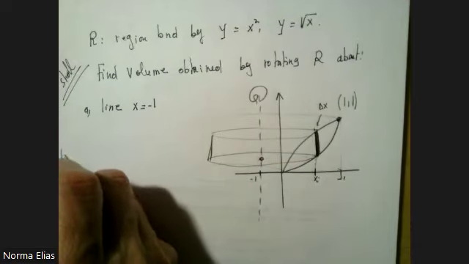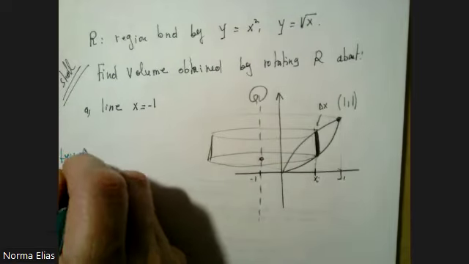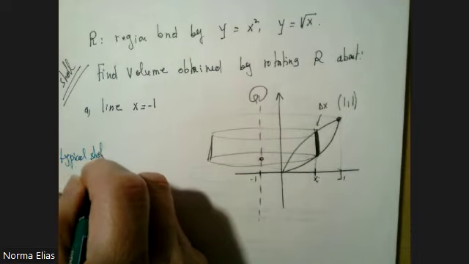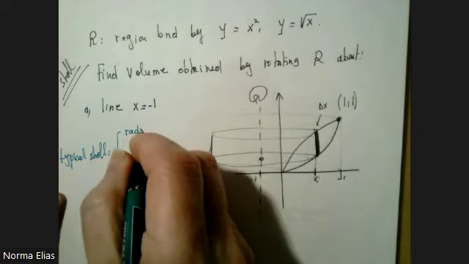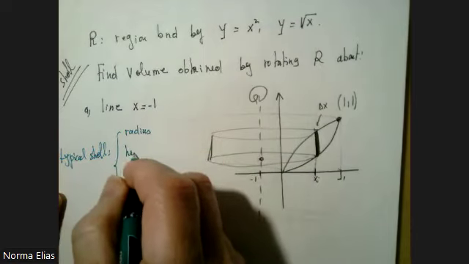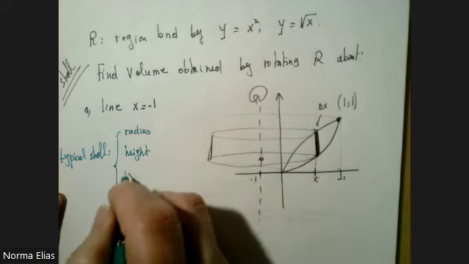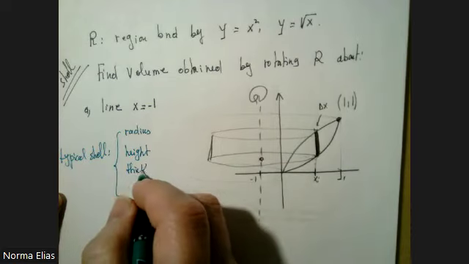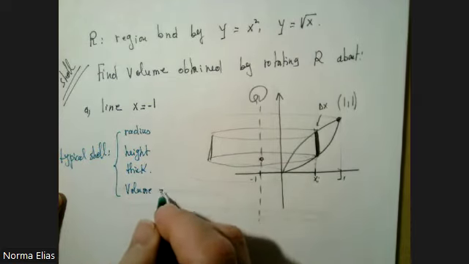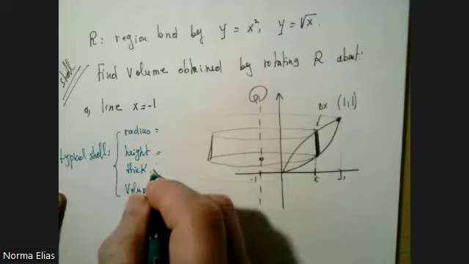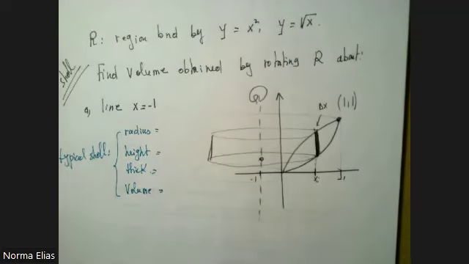So typical shell. To find everything, I need the radius, the height, thickness, and finally the volume.